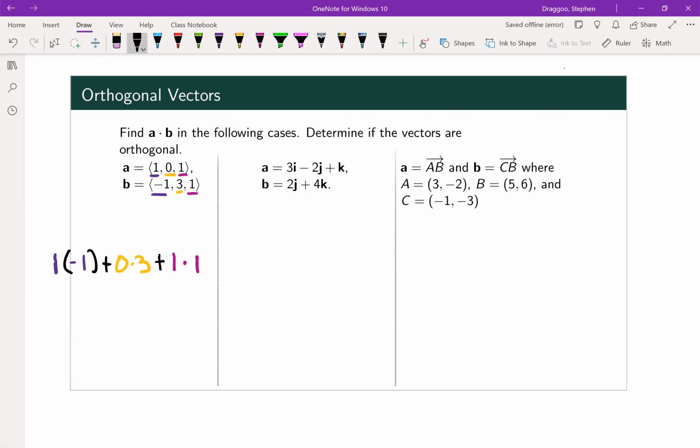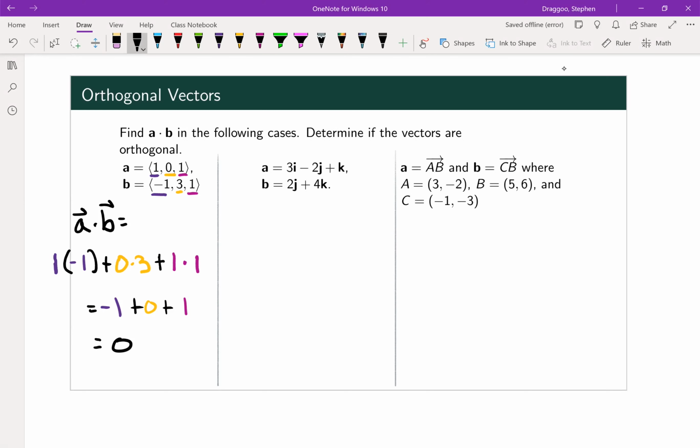We were saying that A dotted with B is equal to that line below, which in turn is equal to -1 plus 0 plus 1, which comes out to 0.